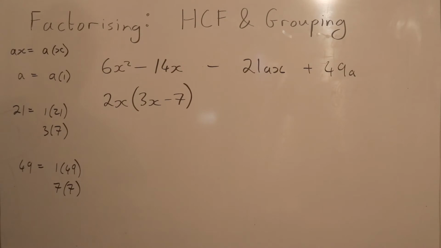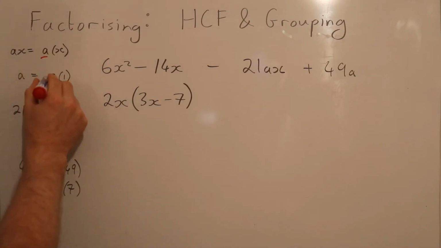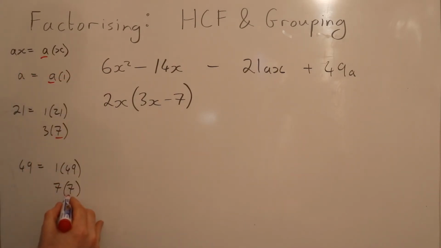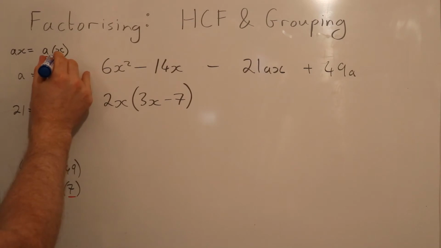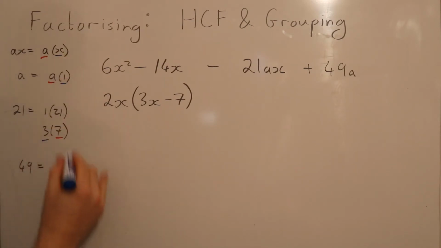So we can see we have highest common factors a and 7. And if we're using those factors, their complementing factors are x, 1, 3 and 7. So let's see how we use that.